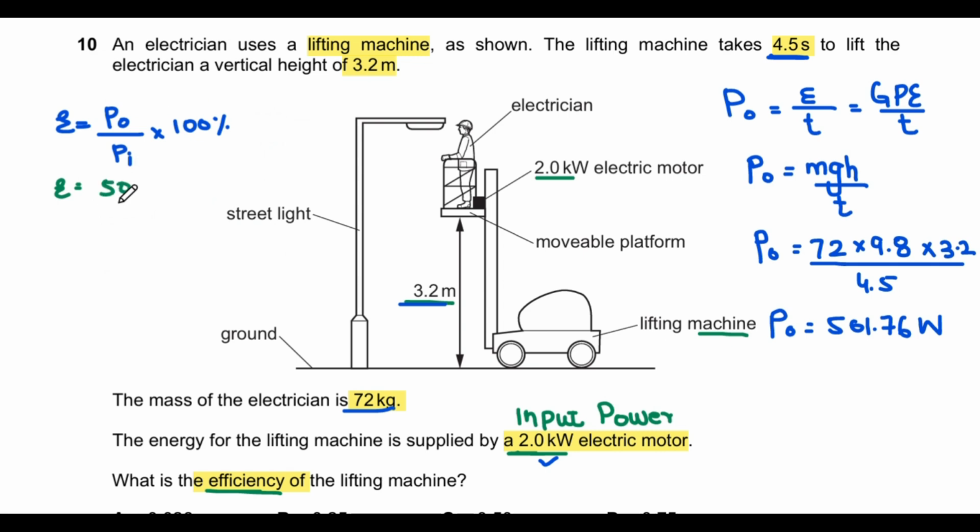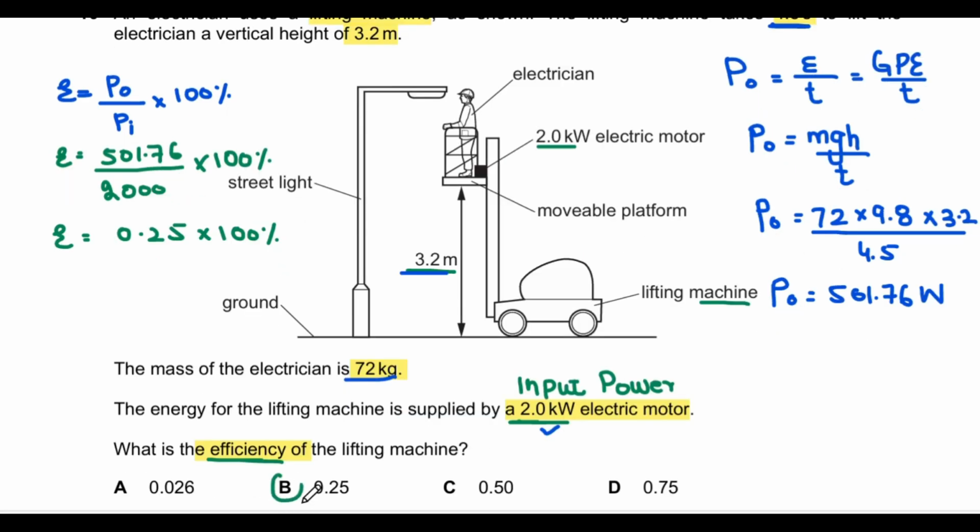Output power is 501.76. Input power was 2000 watts. Because it's 2 kilowatts, I can convert it into 2000 watt multiplied by 100%. Now dividing these two values together, it would be 0.25 multiplied by 100%. Again, we don't suppose to calculate the percentage efficiency, so I'll not multiply it. B is the final answer.